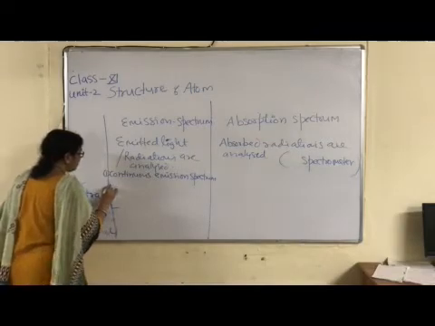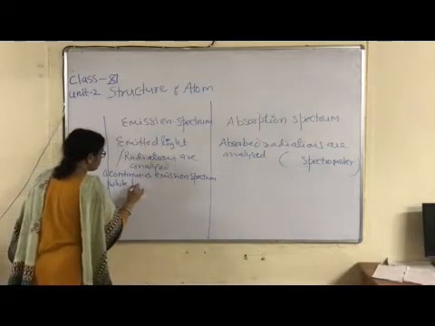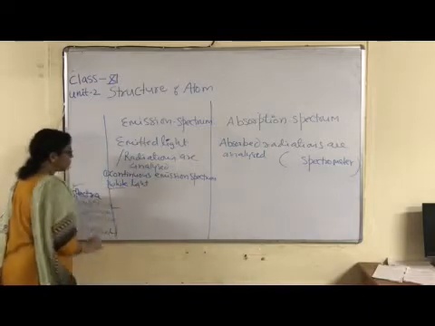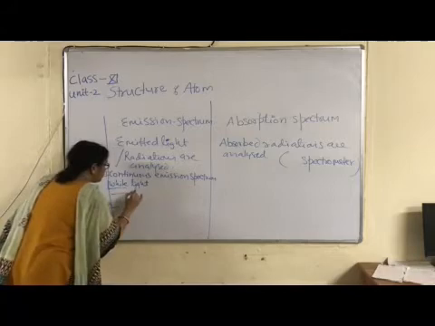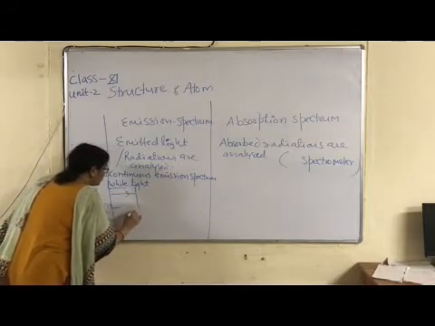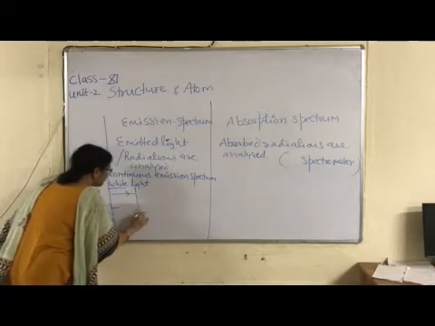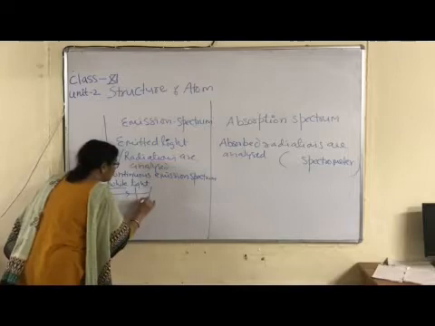When white light is passed, first of all there is filtration of selected beams. First is a slit and then selected radiations are allowed on the surface of the prism.